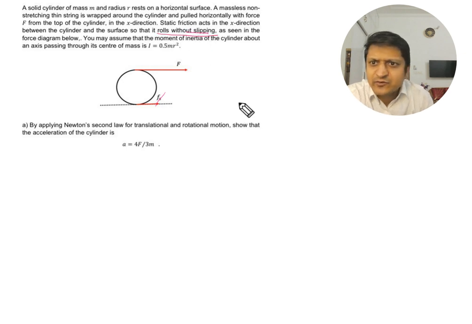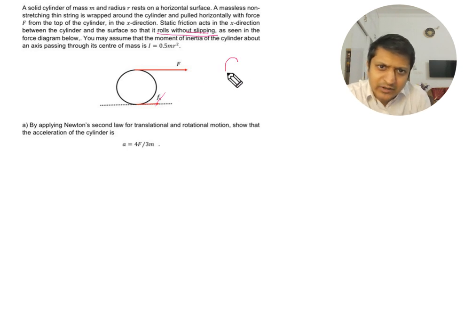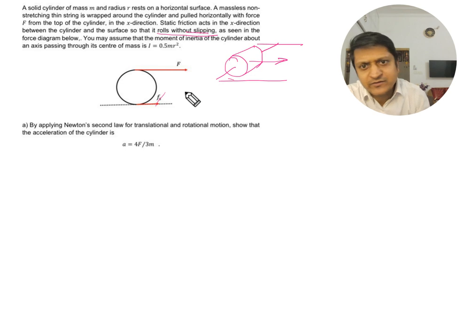As seen in the force diagram below, you may assume that the moment of inertia of the cylinder about an axis passing through its center is this. So first of all, understand that this is a cylinder, and this cylinder is rolling like this.